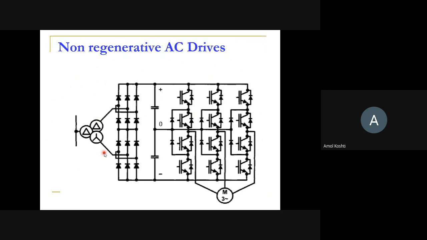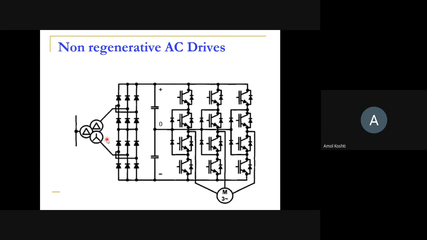Okay, in multi-level inverters, any topology can be a diode clamp, it can be a flying capacitor or cascaded bridge. Any of these can be included into the AC drives. It can be a regenerative or a non-regenerative AC drive.